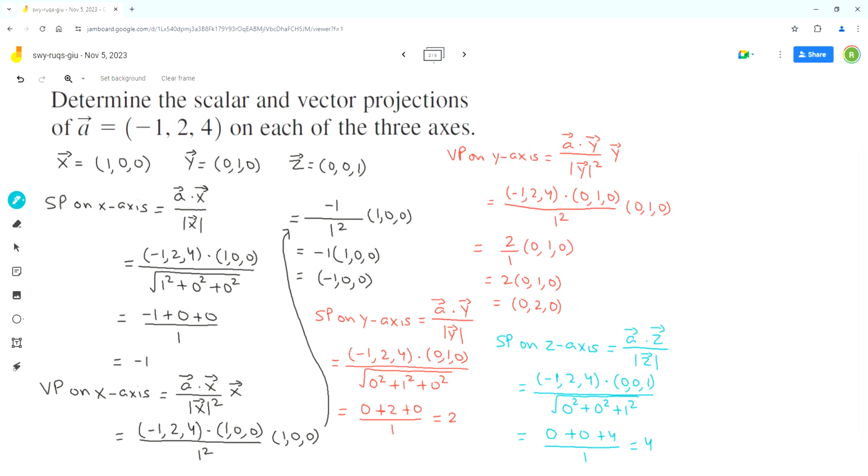Now we can calculate the vector projection on the z-axis. The magnitude of vector z is 1.